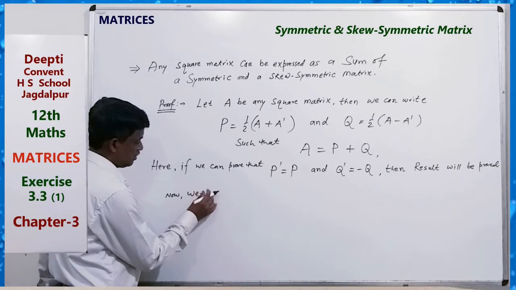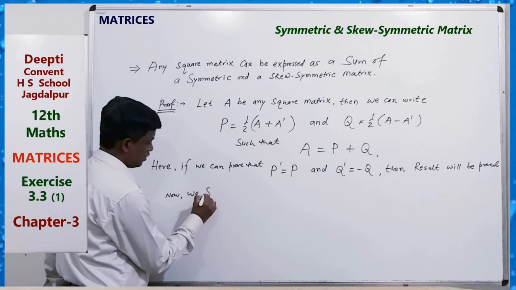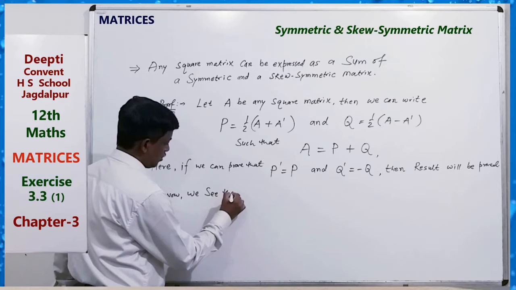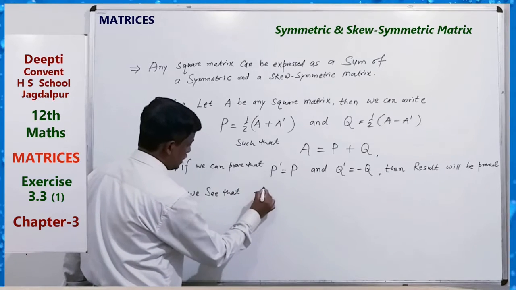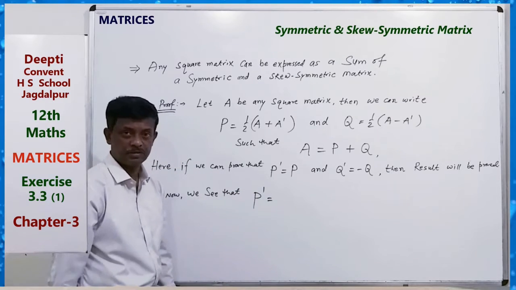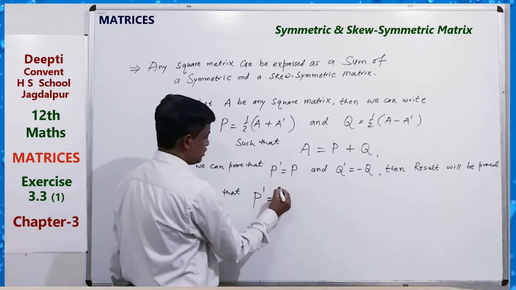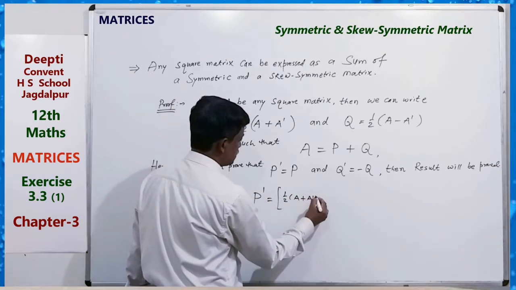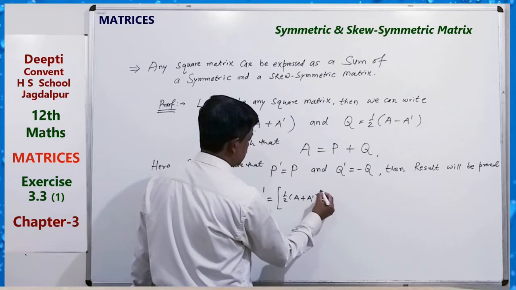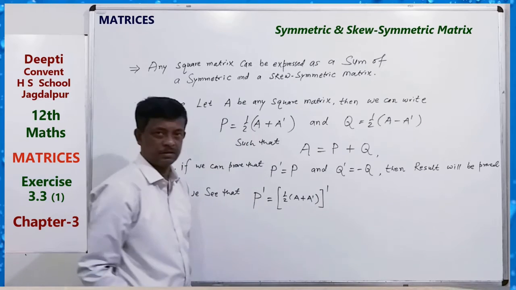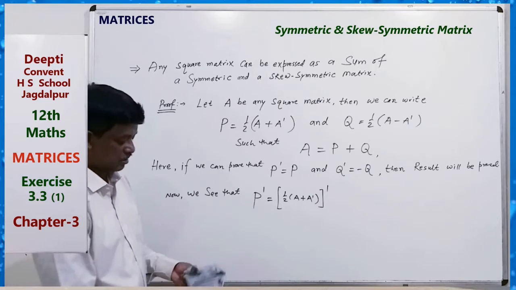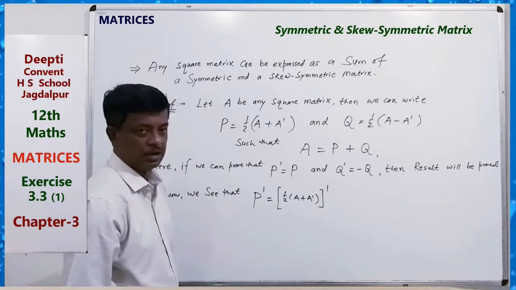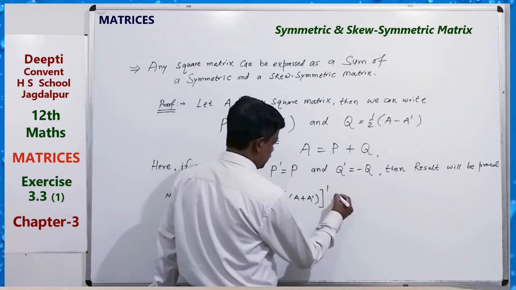Now we see that P dash equals P equals this, half of A plus A dash. So it can be solved.